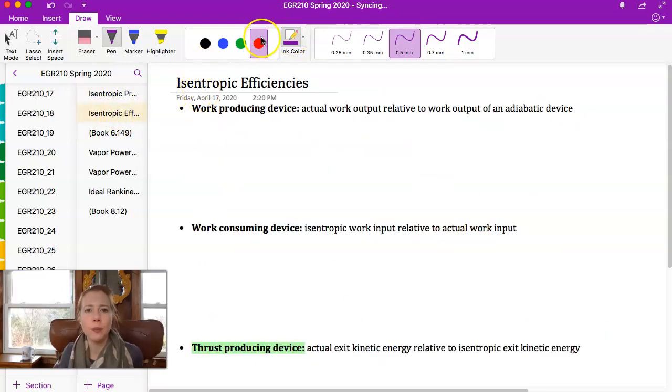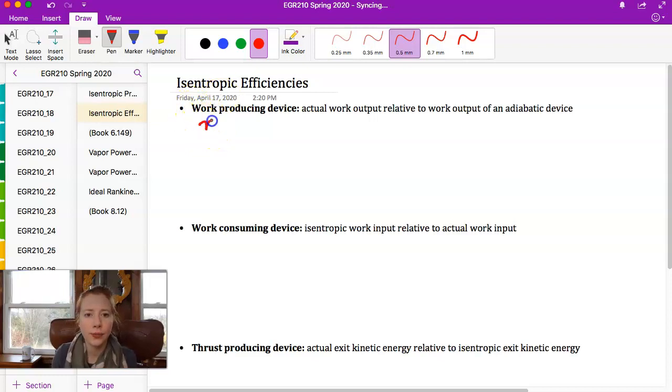The isentropic efficiency for a work-producing device is the actual work output relative to the work output of an adiabatic device. An example of a work-producing device is a turbine, where the purpose of a turbine is to produce work done by the system.